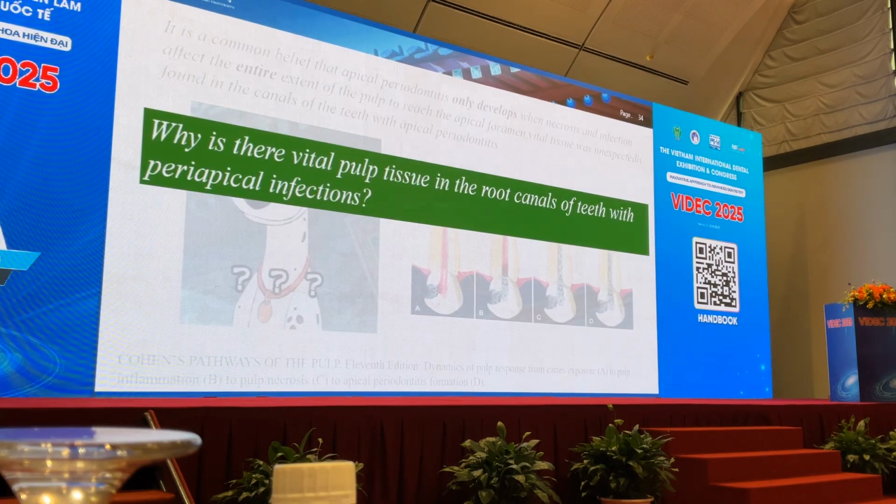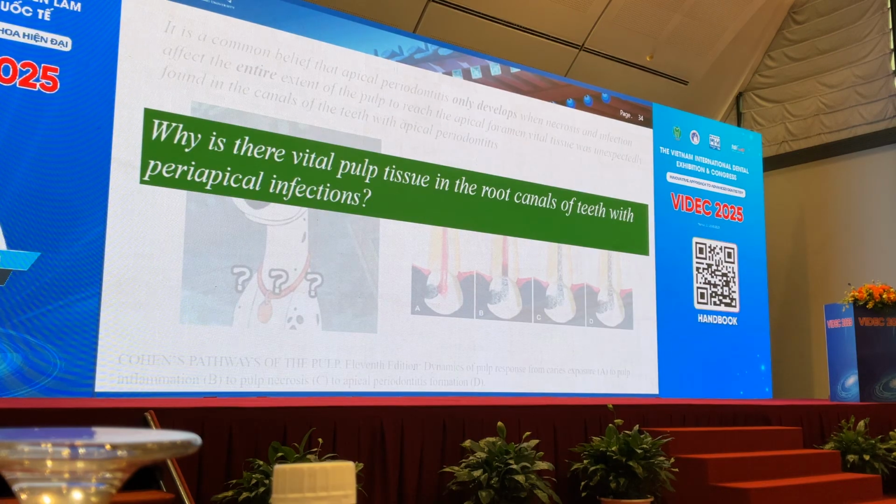So, as for why there is vital pulp tissue in the root canal of teeth with periapical infection, I think a lot of people are very confused, right? Actually, a lot of investigation has been conducted.